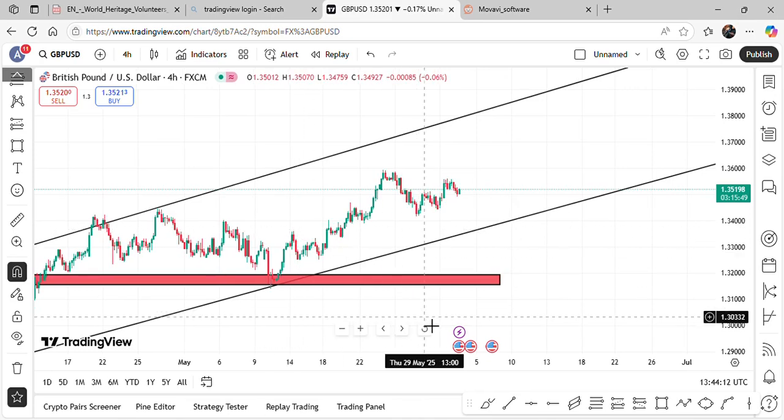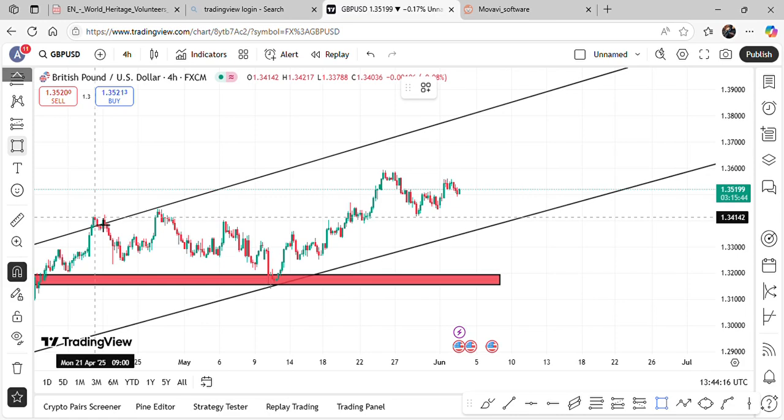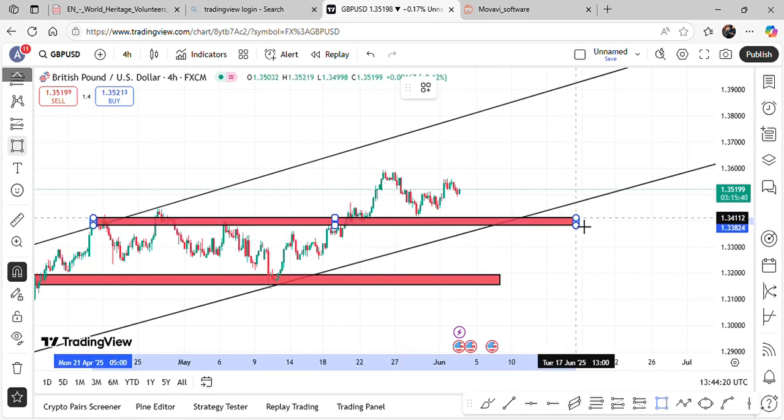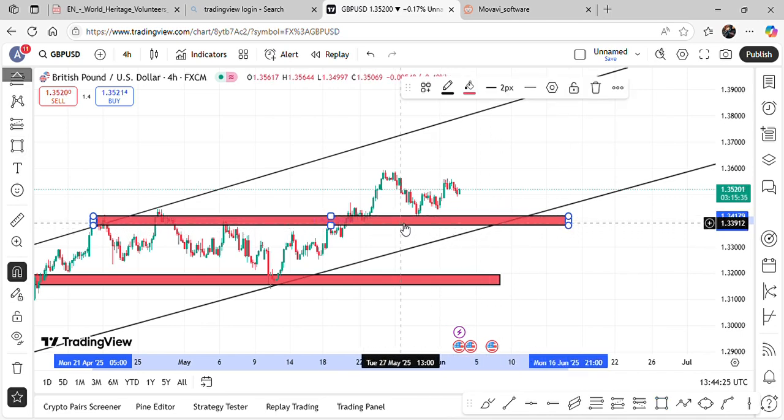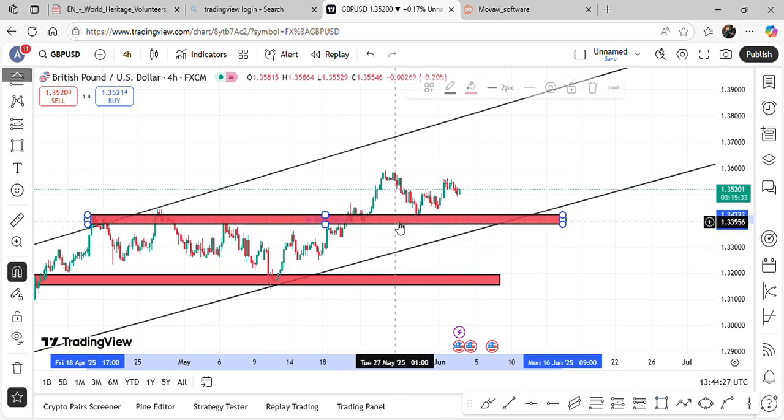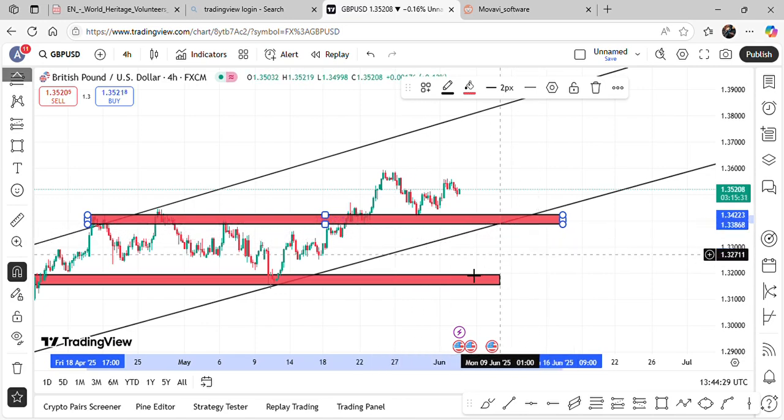Also, we have another key zone up here. This is the second key zone and the most recent key zone on GBP USD. If I extend it again to the upside, you're going to see this most recent key zone which I'm drawing on the 4-hour time frame. So what does this imply to me?